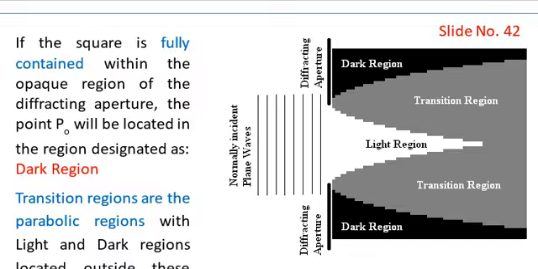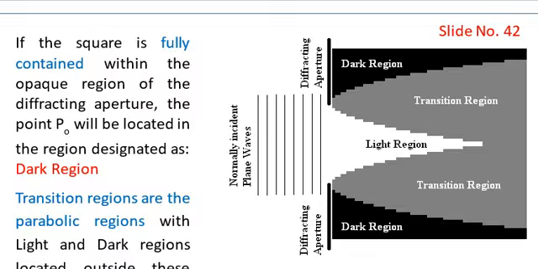Then the square that you draw is intersected by two regions: the clear region and the opaque region. Part of the square lies in the clear region and part lies in the opaque region, shown by the dark lines. Due to that, we say that our point of observation is in the transition region.